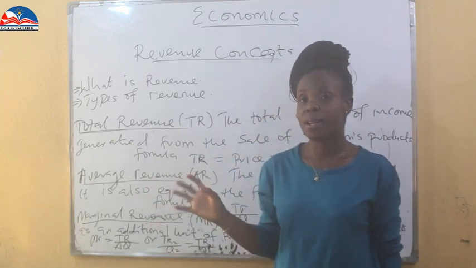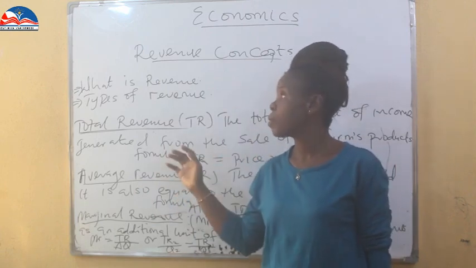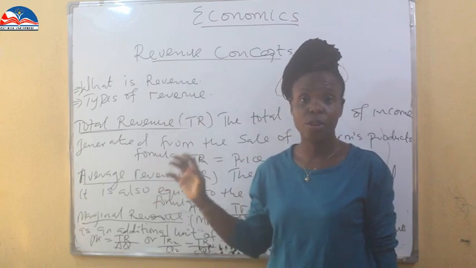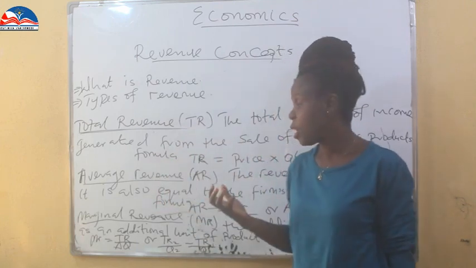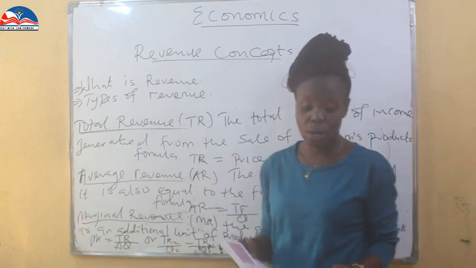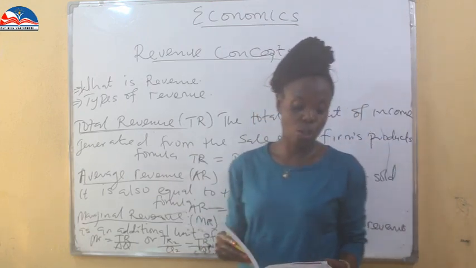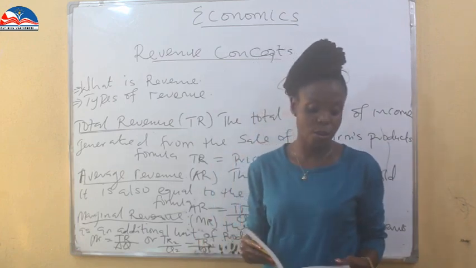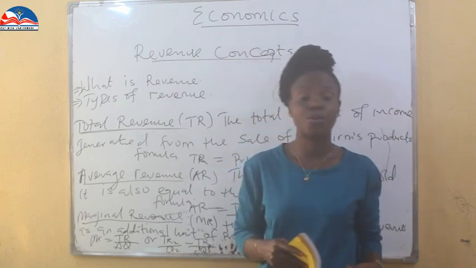But please bear in mind, these are formulas derived to work with types of revenue: your total revenue, your marginal revenue, and your average revenue. So we've been able to explain each of these. I have told you that marginal revenue is the addition to the total revenue as an additional unit of product is sold. It is represented by this formula I've given to you.